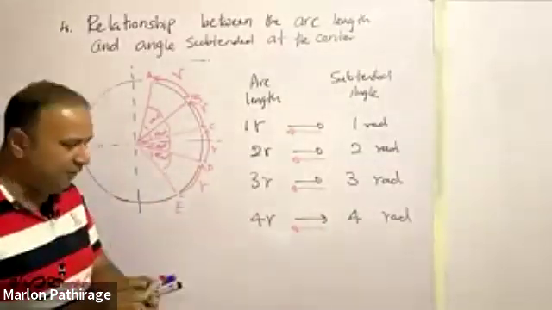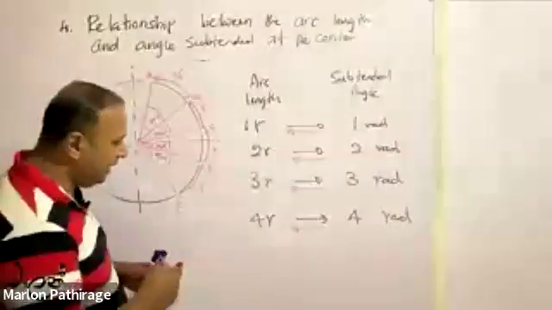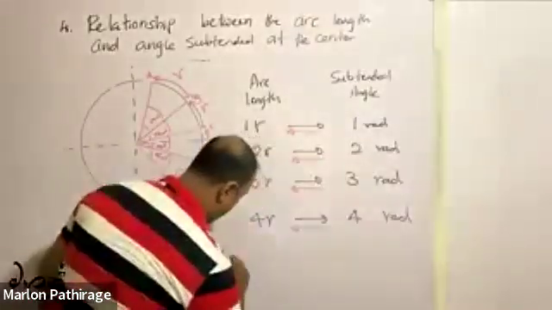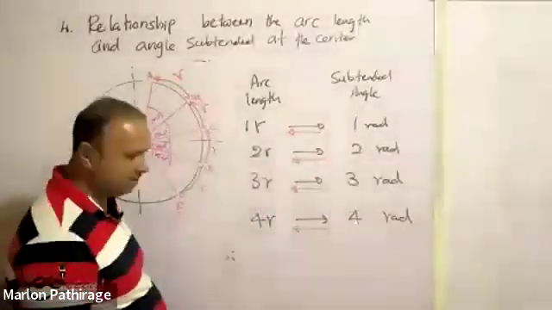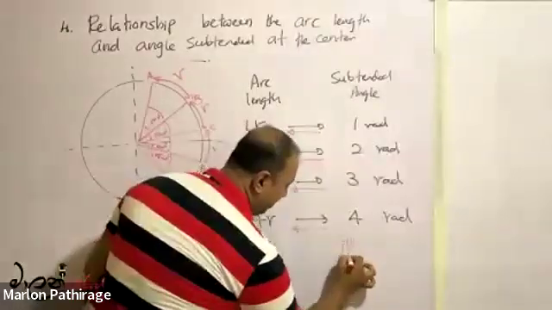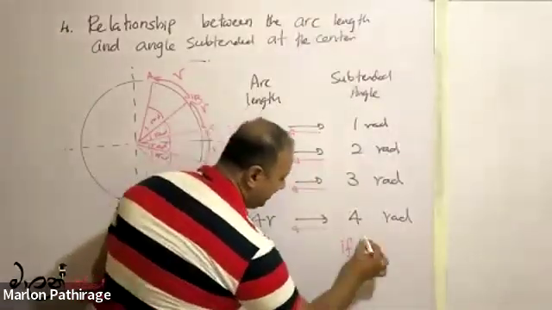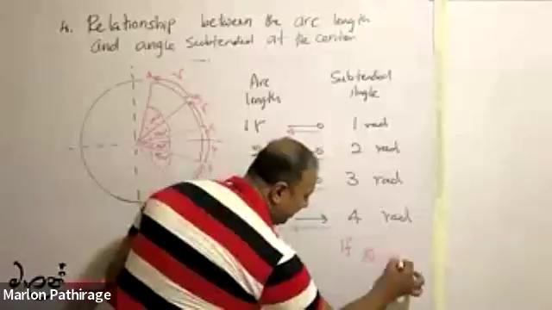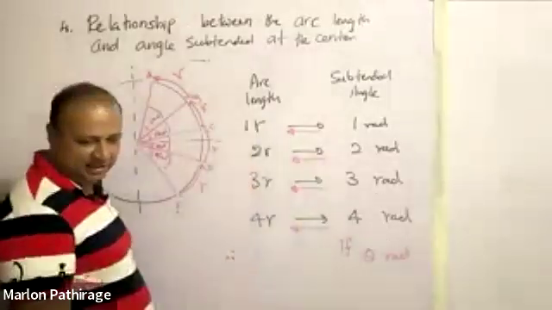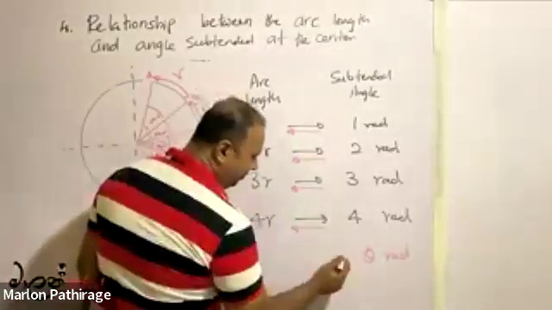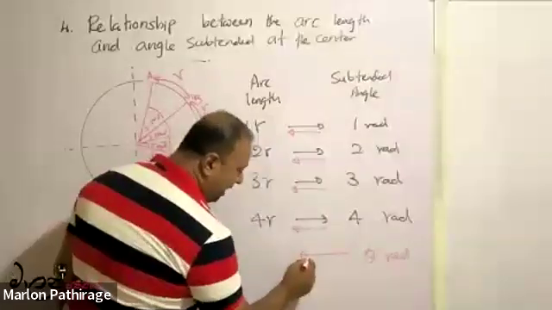Now tell me, if the angle is theta radians, what would be the arc length?